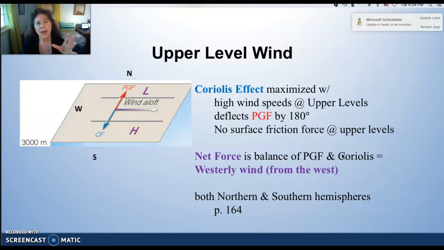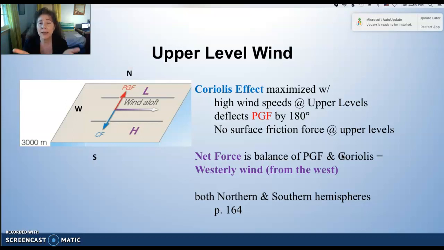The point being that you've been hearing about the Coriolis effect having the opposite force on the northern hemisphere and on the southern hemisphere. The Coriolis effect is one part of wind, and remember the pressure gradient force is the primary driver of the wind.